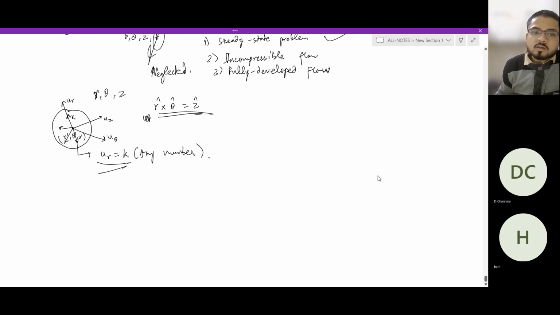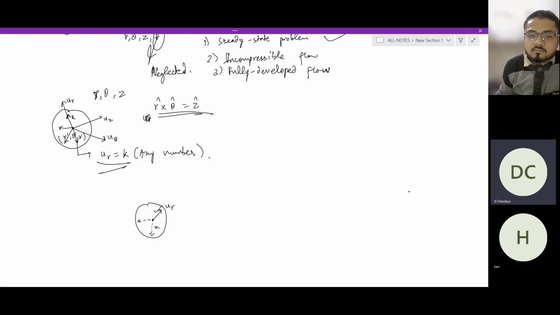Yes, sir. So this would mean that if we assume that there is a certain direction to ur, for example, this one, then another point might say, why is the direction not in my direction? And this point would say that I'm also identical to this one, so why am I not getting the k component, right?